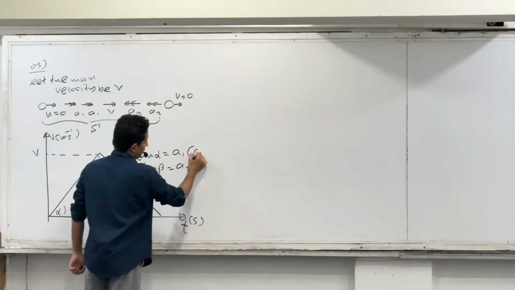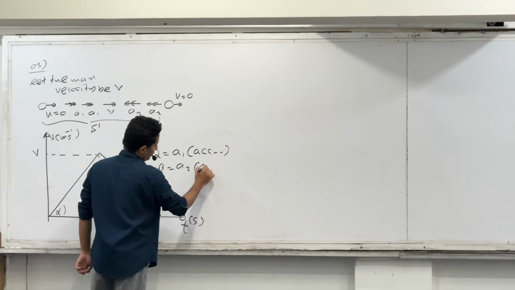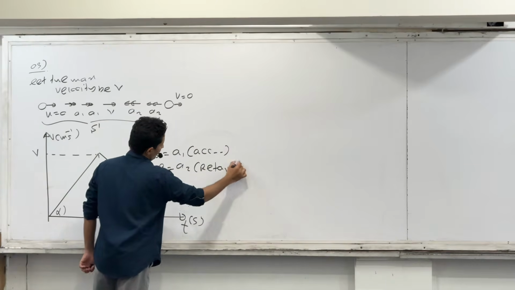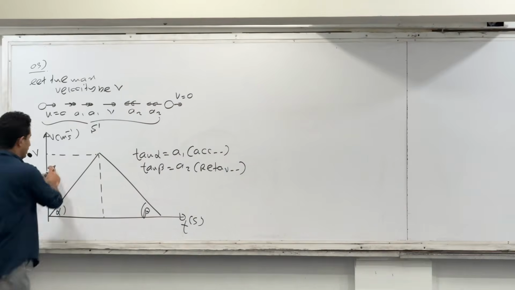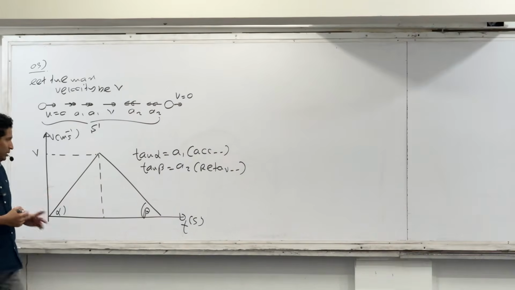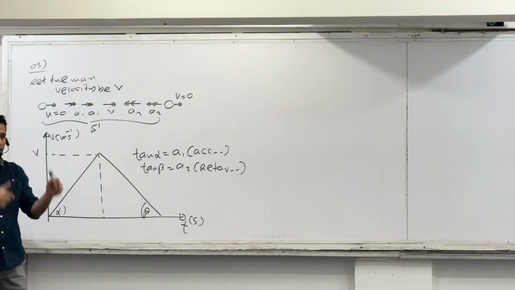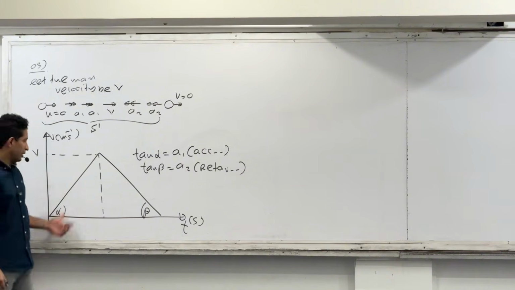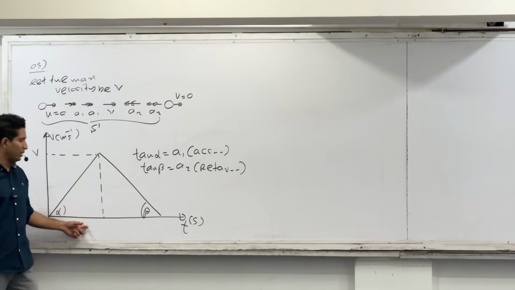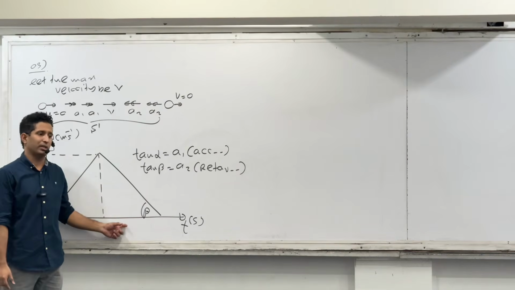This is the acceleration and this is the retardation. You remember the method? If you know the adjacent side, the opposite is t tan alpha. If you know the opposite, the adjacent is v over tan alpha. Since this is v, this side is v divided by tan alpha, and this is v over tan beta.